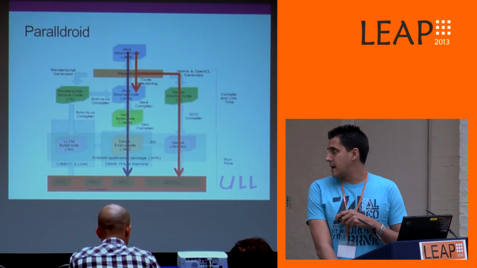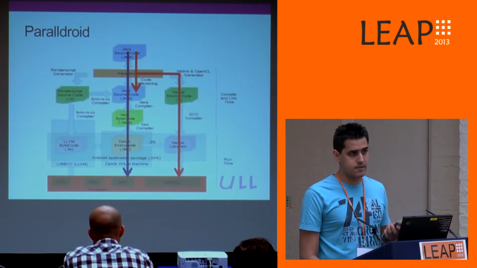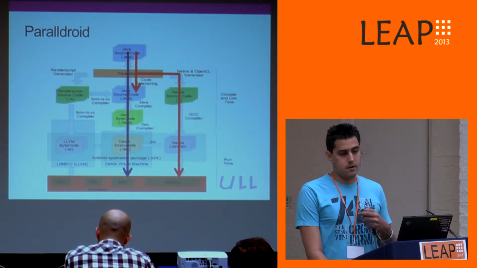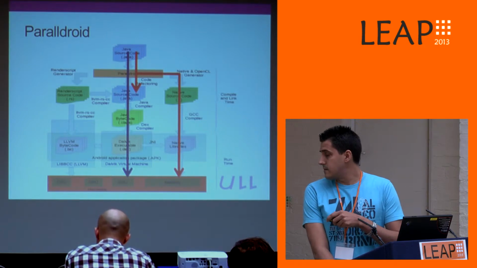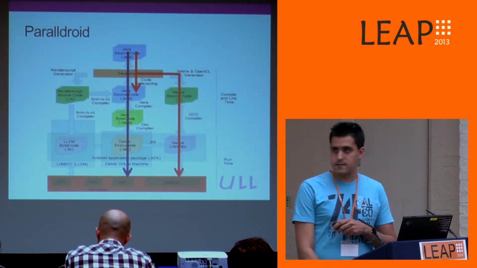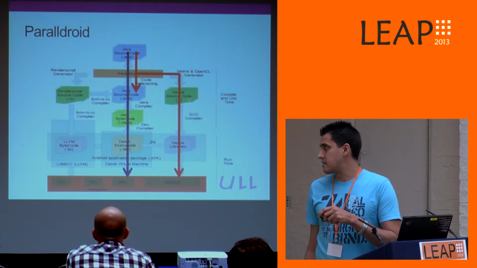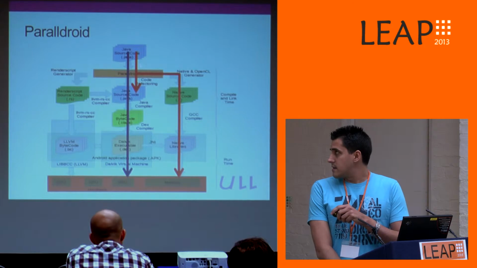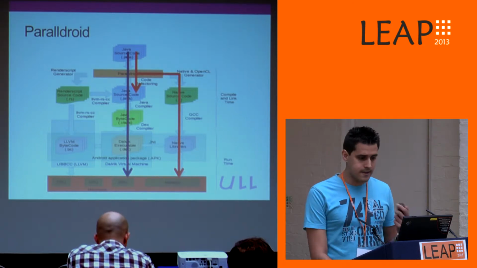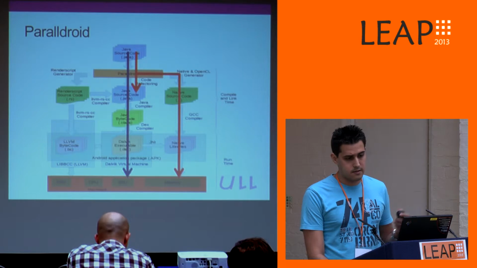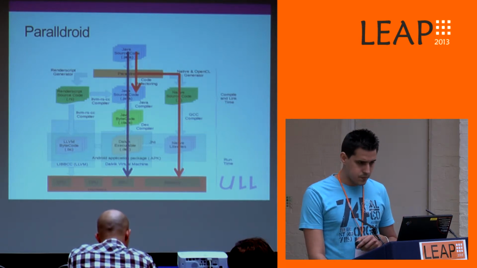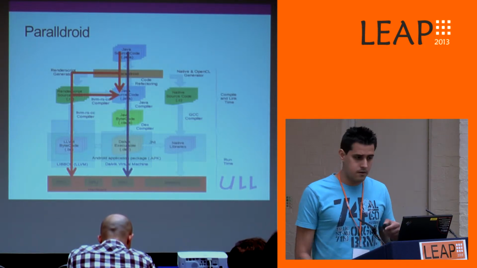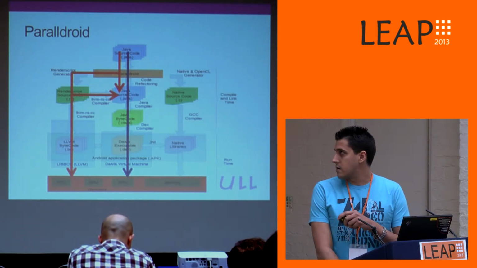If Paralldroid finds a directive for OpenCL or native code generation, this code is generated, the native or OpenCL code, and the Java code is modified to access the generated native or OpenCL code. And the same process is used for Renderscript code.